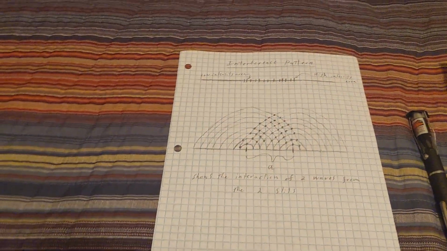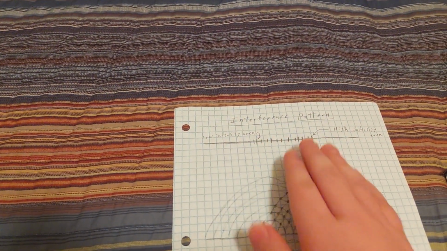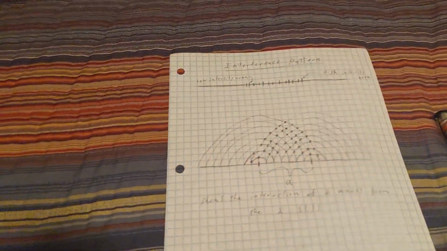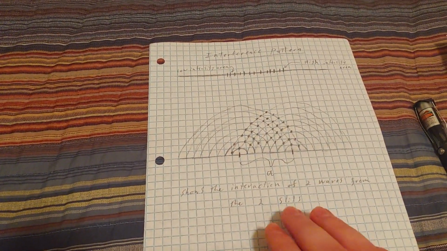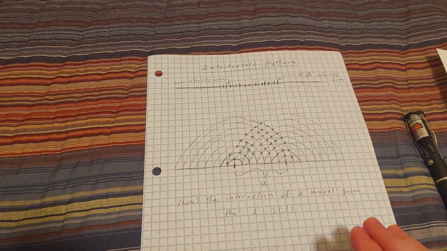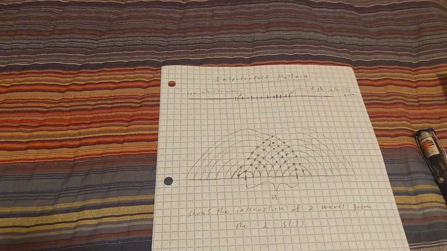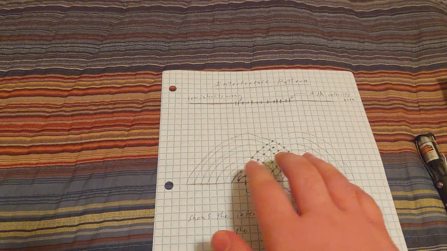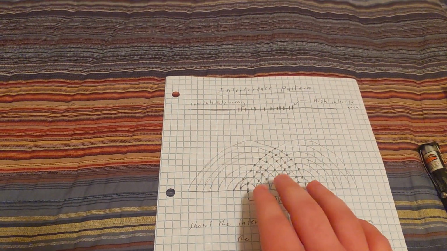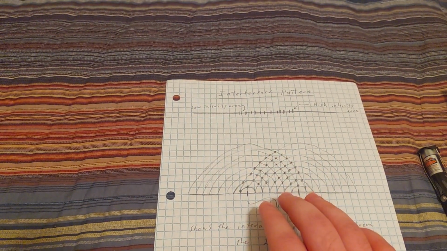See, what happened was something called an interference pattern. Now, interference patterns are basically the interaction between two waves from two origins that are right next to each other. So those waves go out, and as they go out, they eventually intersect.